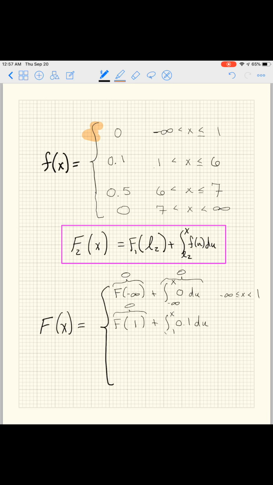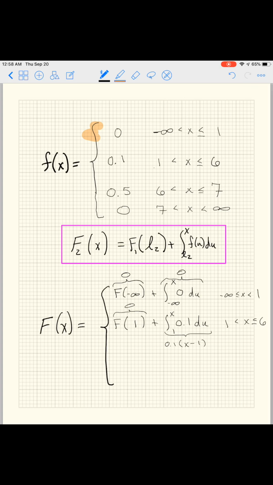Now this thing right here is going to be equal to 0.1 times (x minus 1), from me plugging in 0.1 du. The antiderivative of that is 0.1u, and then I plug in 0.1u from 1 to x, and I end up getting this x minus 1 part. And that's for 1 less than x less than or equal to 6.